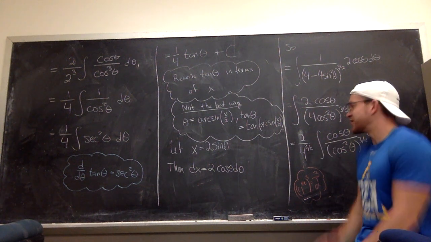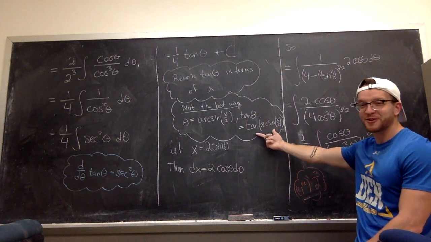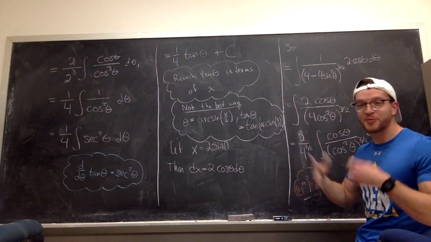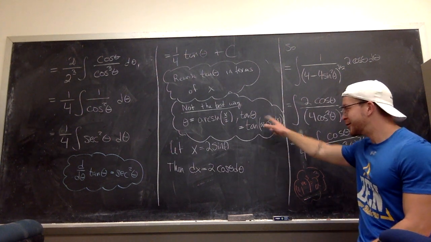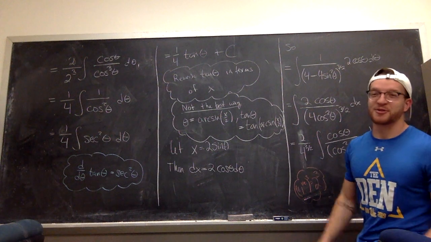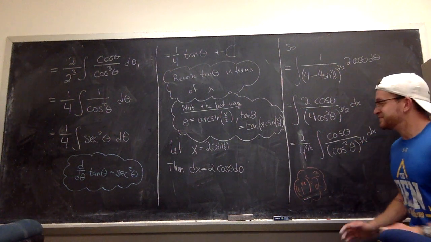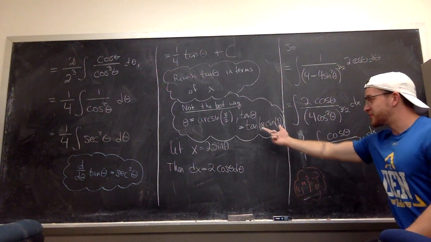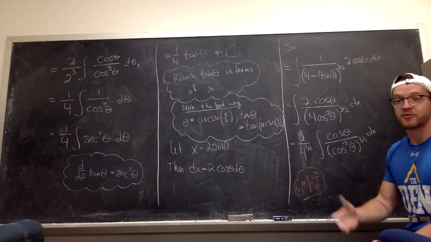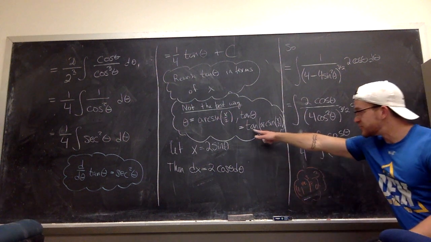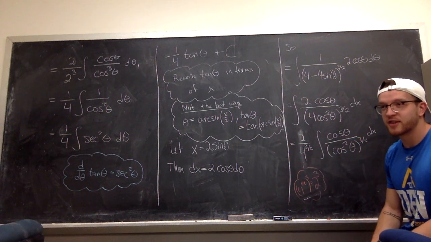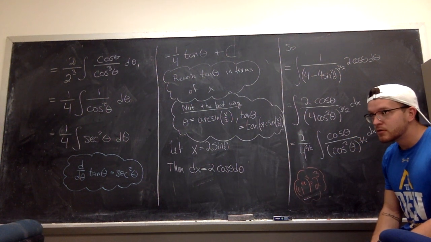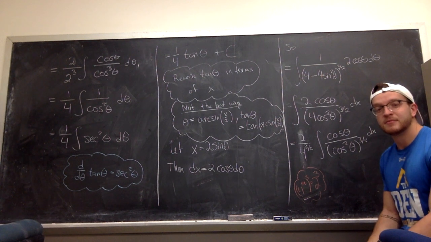The problem is, first of all, this is really ugly looking, and math should be fun and pleasing and aesthetic. But that's not the real issue. If you walked up to a person on the street and said, hey, you want to see what my favorite function is? And you said tangent of arc sine of x over 2, what does that mean?